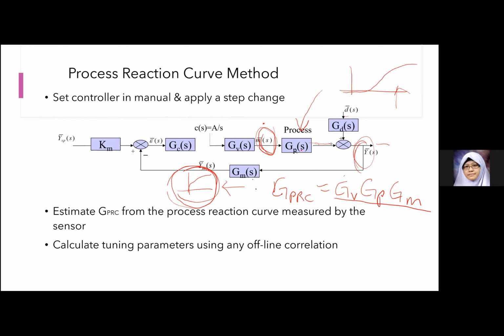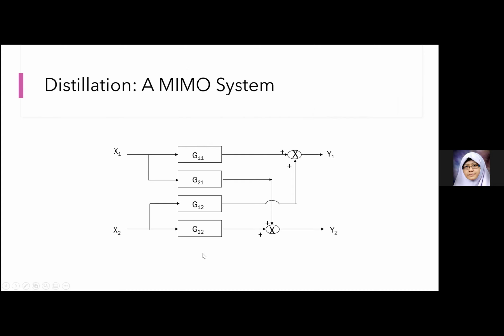But if it's from a simulation and it says this is a process simulation, then that means this curve, if you estimate the model, you're getting GP. Or if they say that the step change is on the disturbance, then you're getting GD. Okay, understand? So this is what you had done in your case study. Everything was from the simulation.